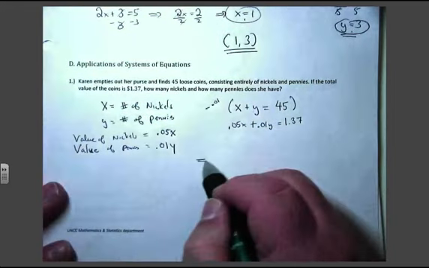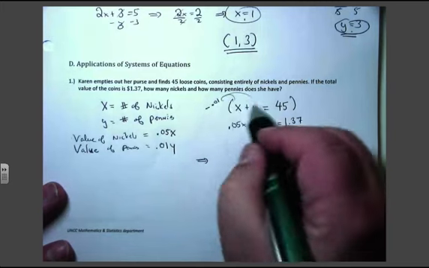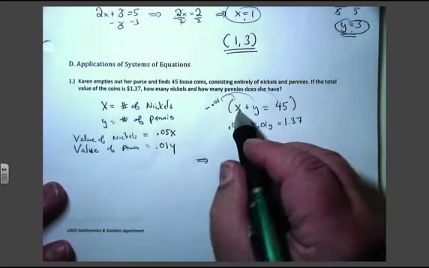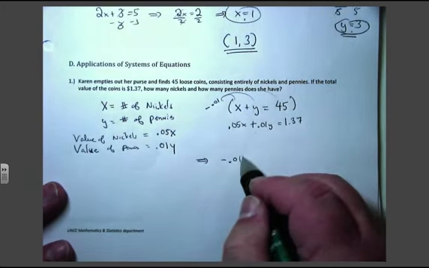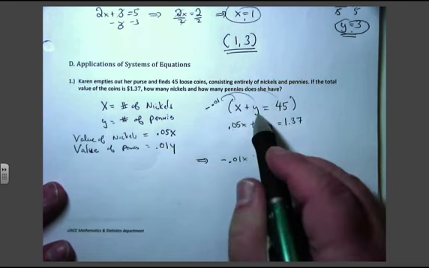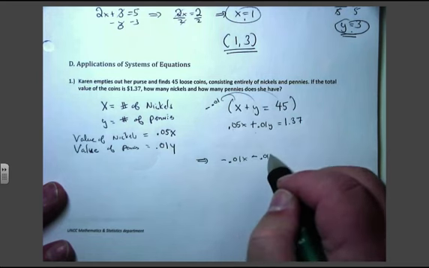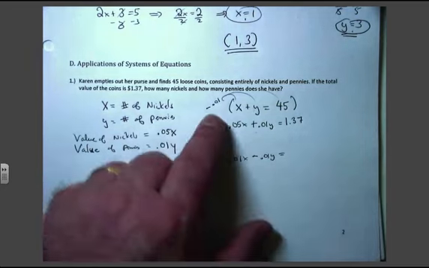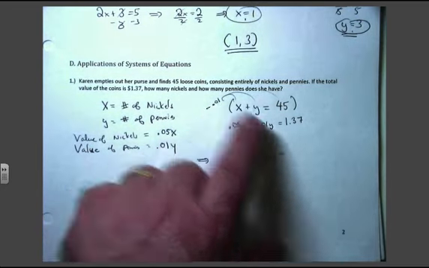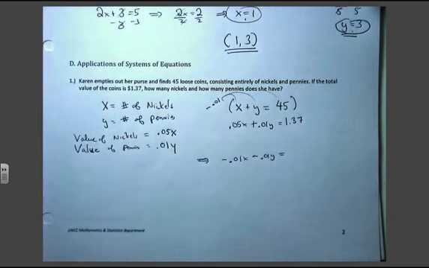So when I do that, rewriting it down here, and I'm going to distribute, negative 0.01 times x is negative 0.01x. Negative 0.01 times y is minus 0.01y equals, now what is negative 0.01 times 45? You don't need a calculator for that. Maybe you do. What is negative 0.01 times 45?